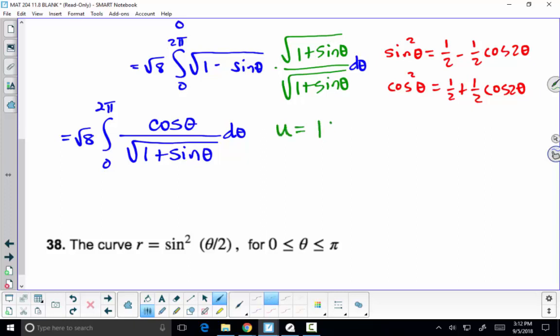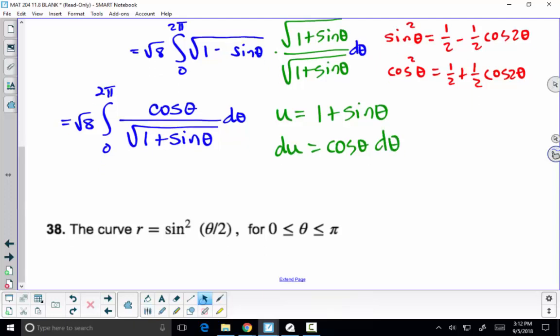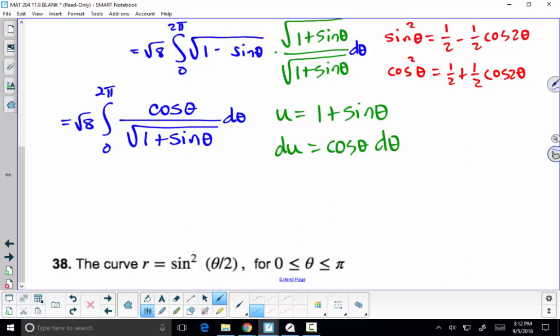So if we let u equal 1 plus sine of theta, du is going to be cosine theta d theta. Square root of 8. So now we're converting the variable. Let's just leave the limits unknown for a second.